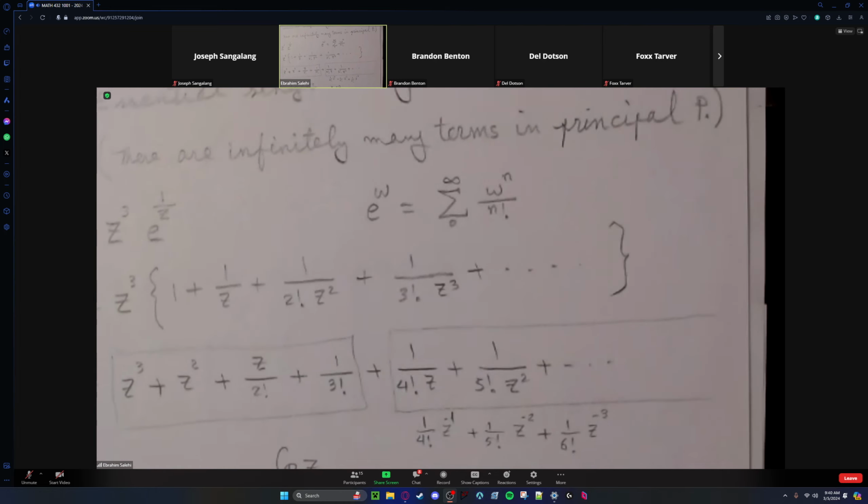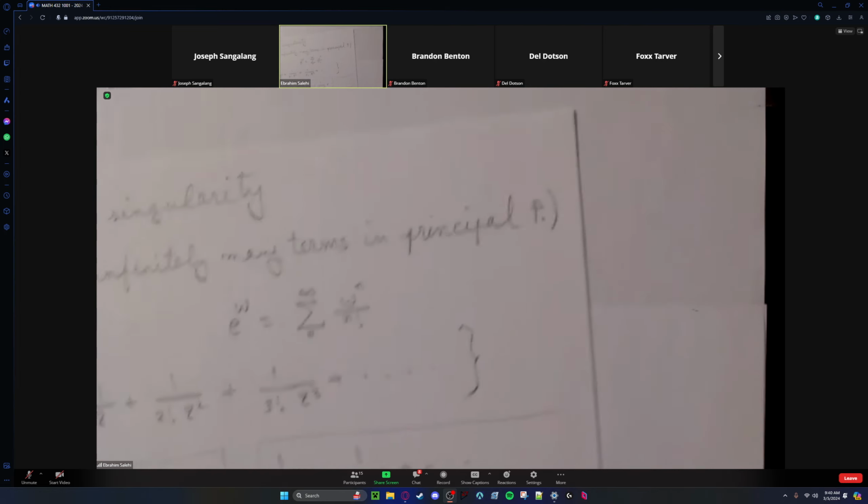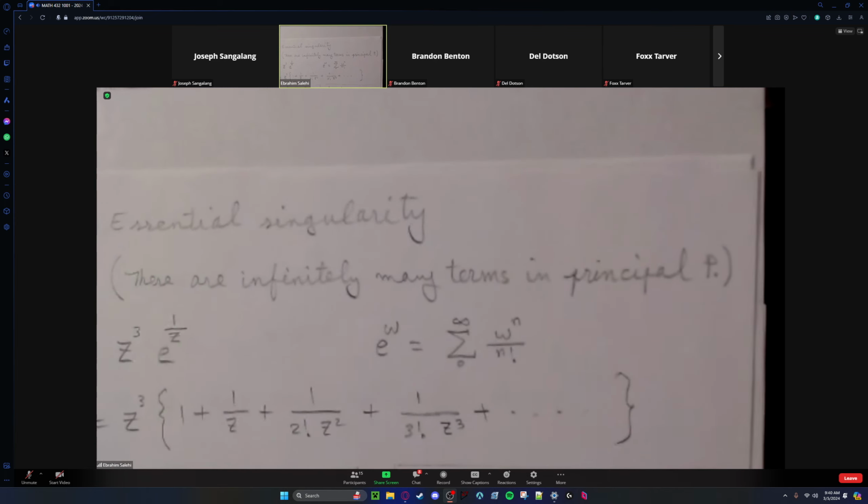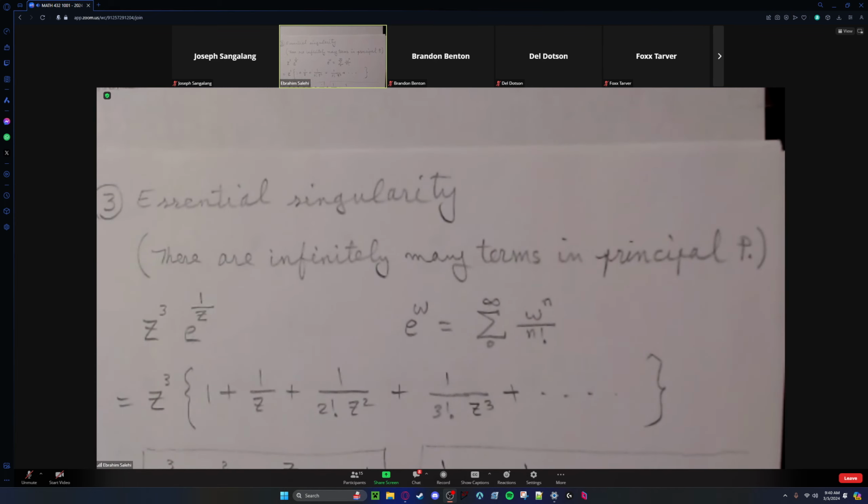What else? Let me see if I have another example for you. No, I don't. So I'll stop right here. That pretty much covers sections 16.1 and 16.2. Please look at those. As you see, the material is not that challenging.